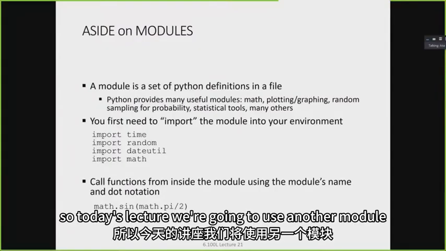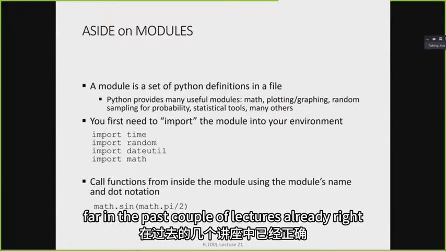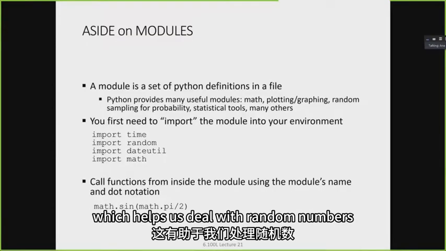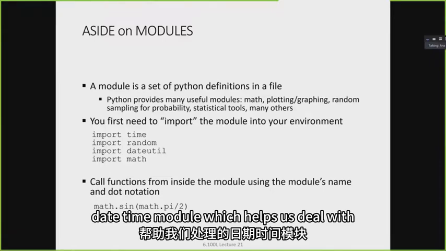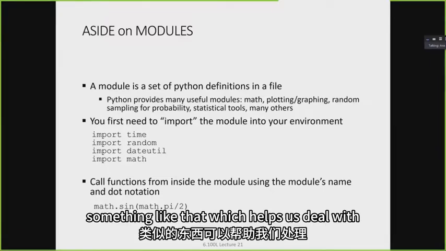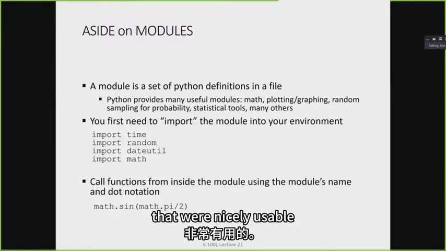So in today's lecture, we're going to use another module. We've been looking at modules in the past couple of lectures already, right? We've seen the random module, which helps us deal with random numbers. We've seen the datetime module, or was it dateutil, something like that, which helps us deal with date-time objects and converting dates into nicely usable objects.